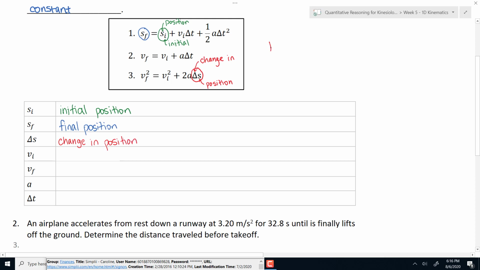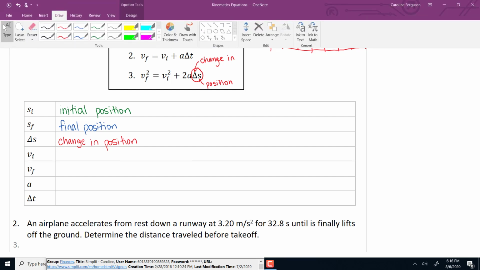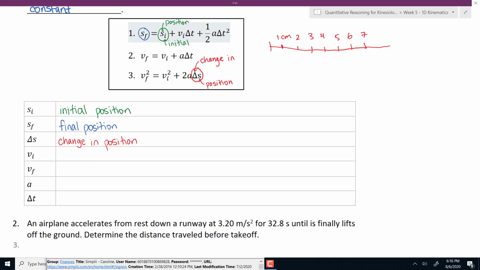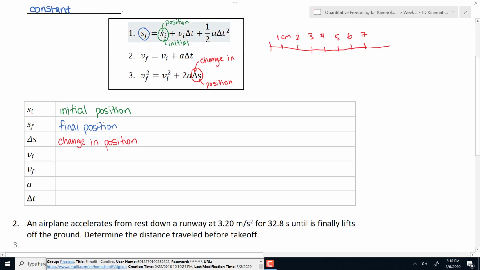If you were to think of a ruler, and let's say we're at the 1 centimeter mark here, 2 centimeter, 3, 4, 5, 6, let's say this is 7, and it keeps going. Let's say we started off over here. That would be my S initial, which is 2 centimeters. And let's say I finished off somewhere over here.